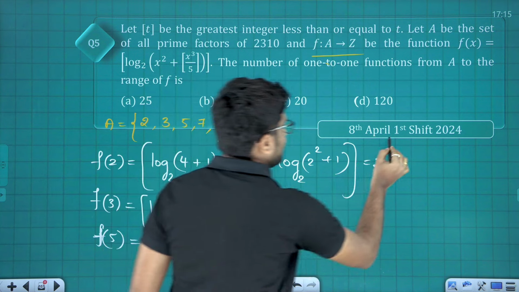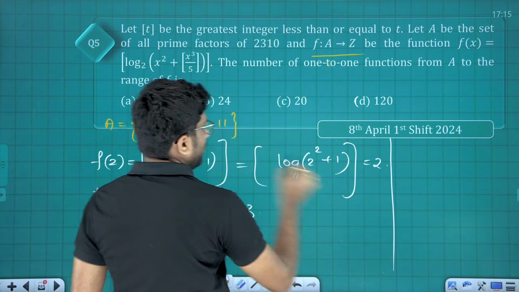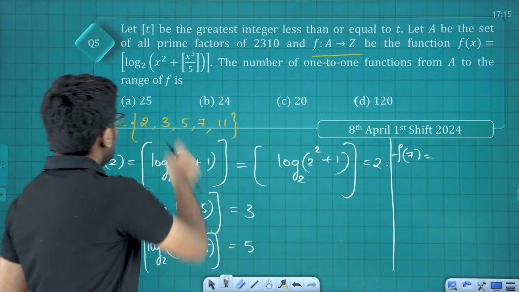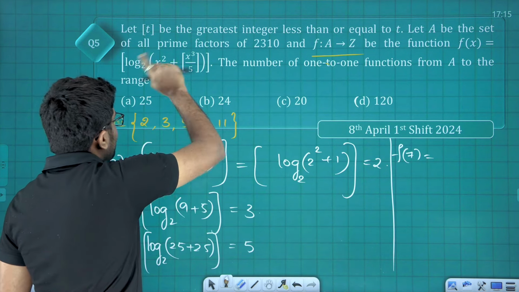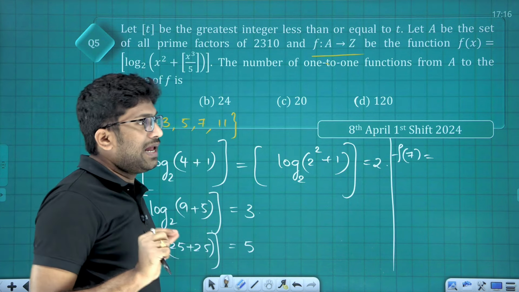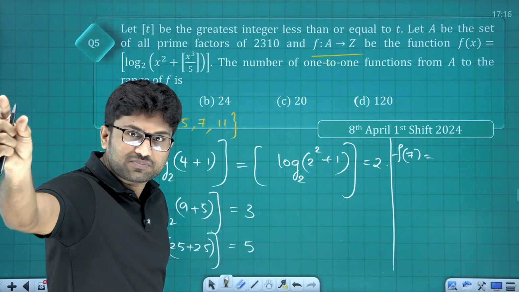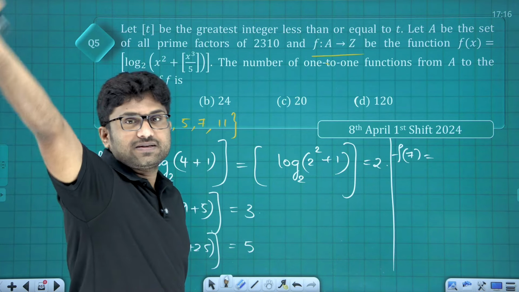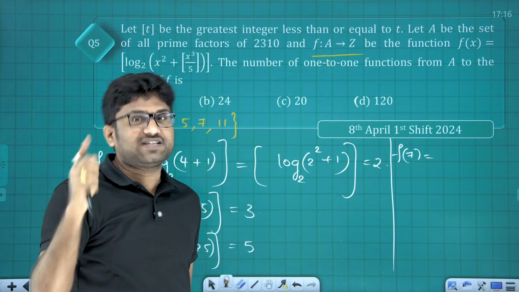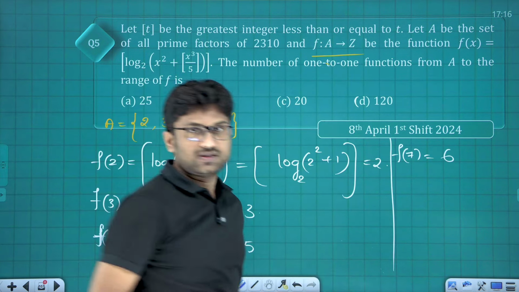Okay, next f of 7. f of 7 is equal to log of 7 square, 49, plus this, so the value is just greater than 64, 64 plus something. 64 is 2 power 6, so log of 2 power 6 plus something is 6 point something, that is nothing but 6.